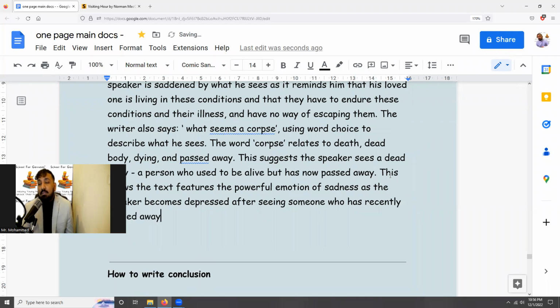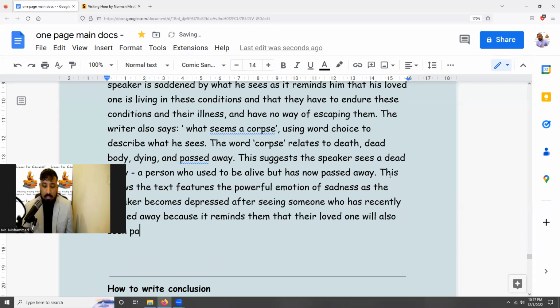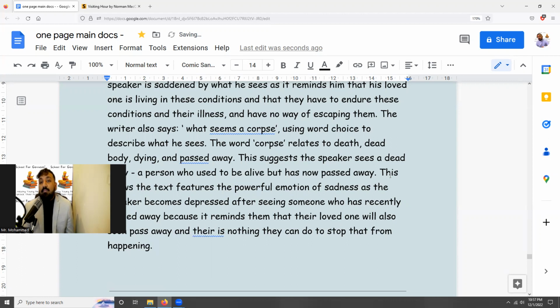The speaker becomes depressed after seeing someone who has recently passed away because it reminds them that their loved one will also soon pass away, and there is nothing they can do. There is nothing they can do to stop that from happening. Okay, connected to the topic.